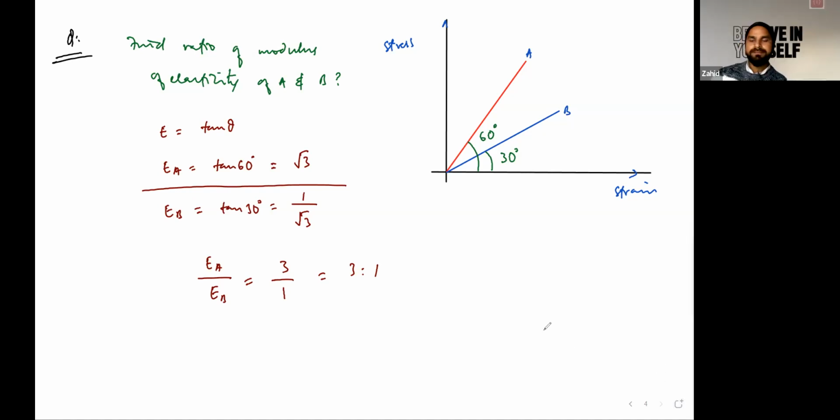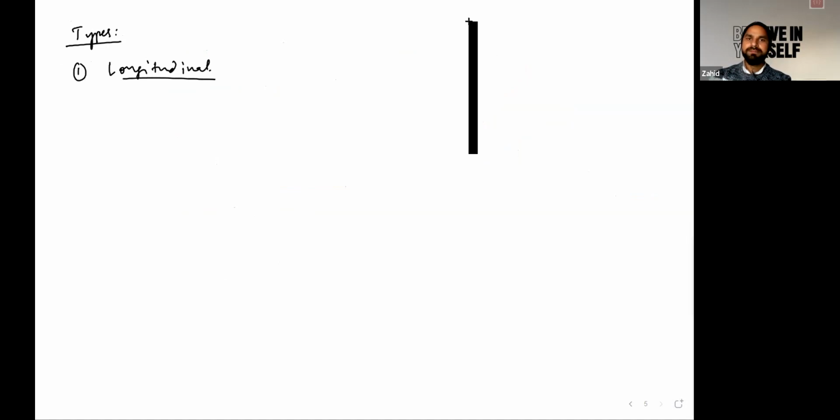So the next thing is the types of stress, strain, or Hooke's law. First is longitudinal. Suppose you have a body which is attached vertically to a support.